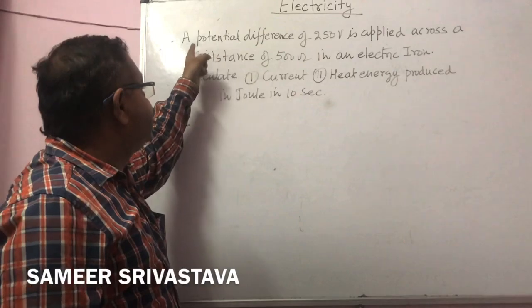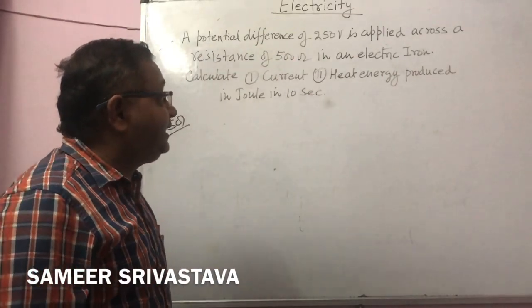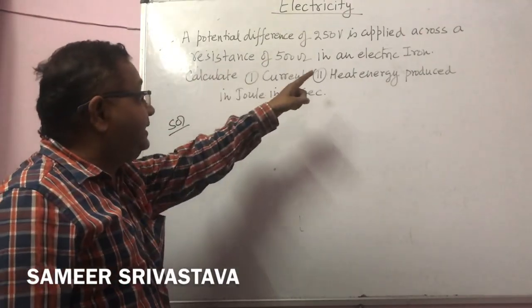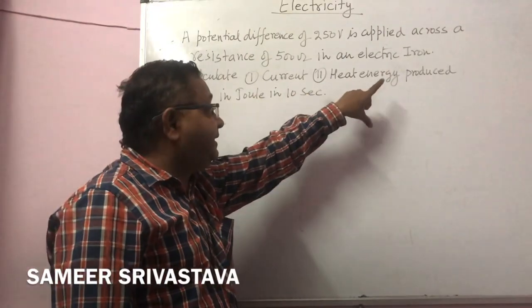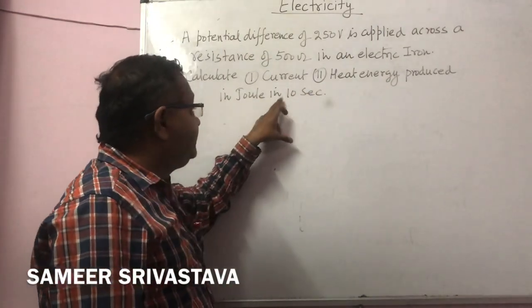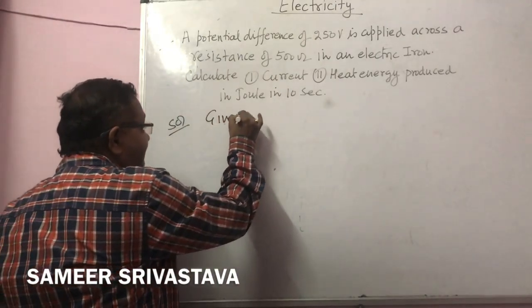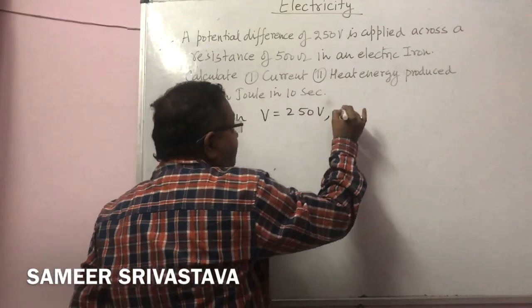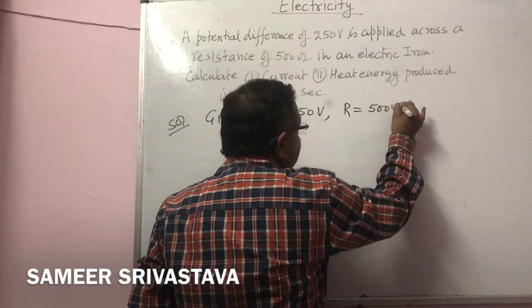Now the question says a potential difference of 250 volt is applied across a resistance of 500 ohm in an electric iron. Calculate the current, and second part, the heat energy produced in joule in 10 seconds. Okay, what parameters are given? Voltage 250 volt and resistance 500 ohm.